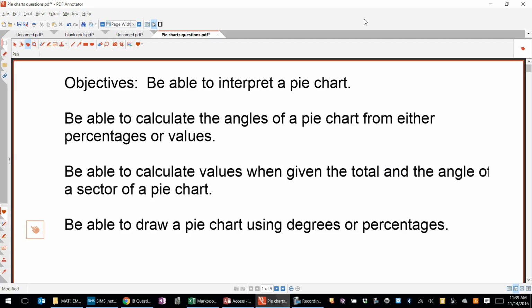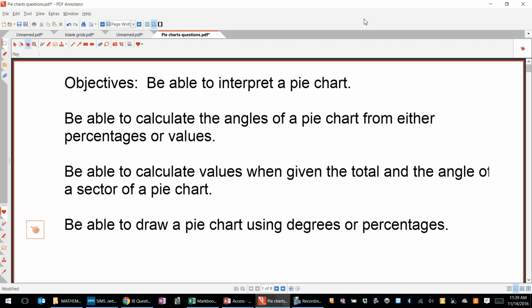Now, what is important with a pie chart is knowing what the total amount of data represented in the pie chart is. If you don't know what that is, there's not an awful lot of information you can take from it.